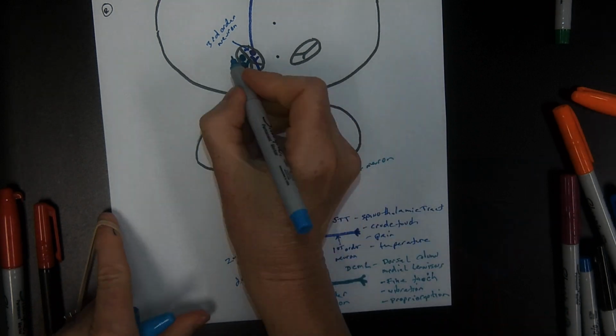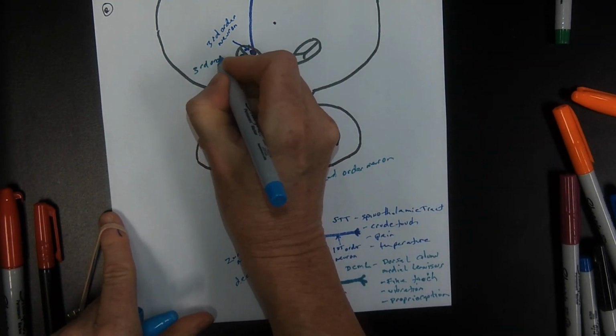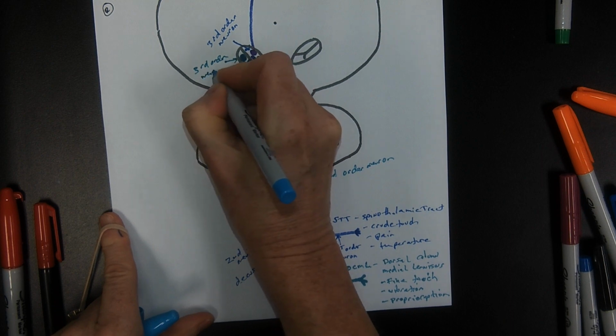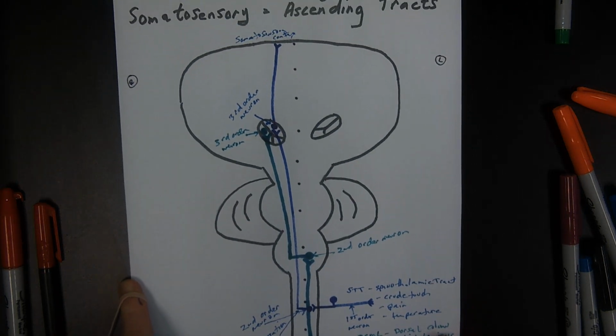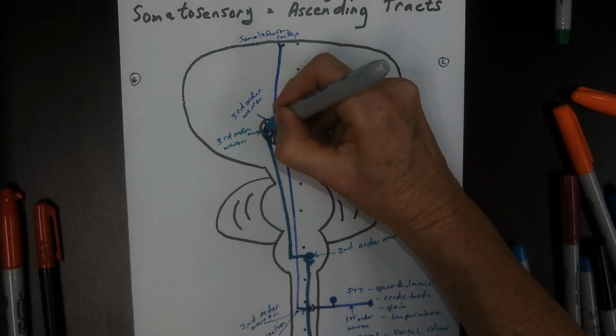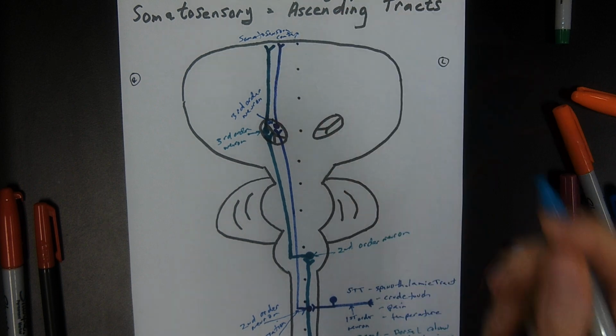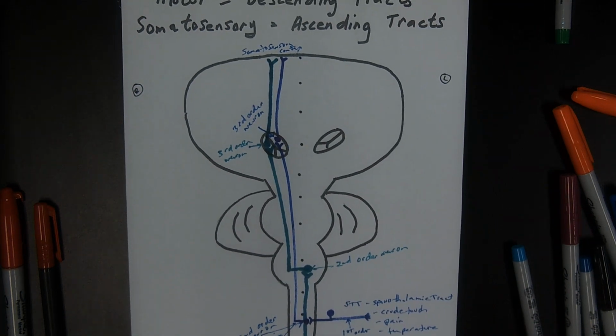So here's your third order neuron. Resides in the thalamus. And from there it's the same as STT, where the third order neuron sends out axons and conveys information about fine touch, vibration, and proprioception to the somatosensory cortex.